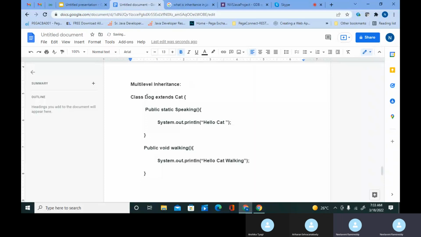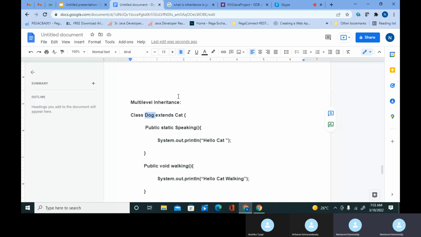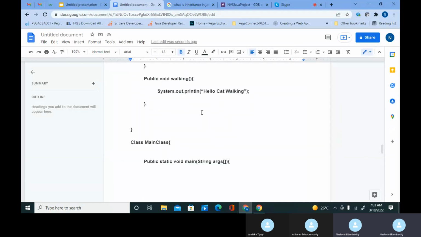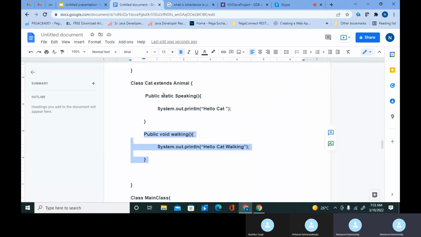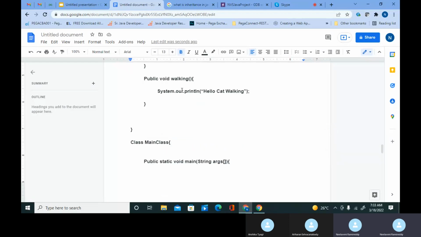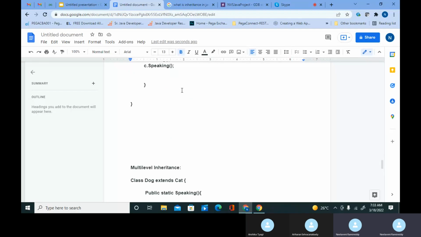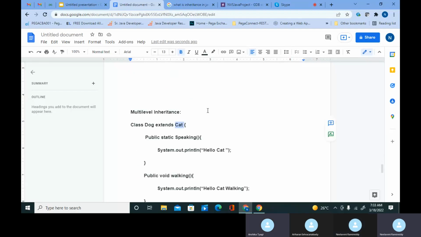In my dog class I want to extend the whole animal class and at the same time the cat class, because in my cat class I overrode the walking method, right? I want the features of cat and the features of animal. If I extend the cat, I'll get the animal features and at the same time the cat features, right?